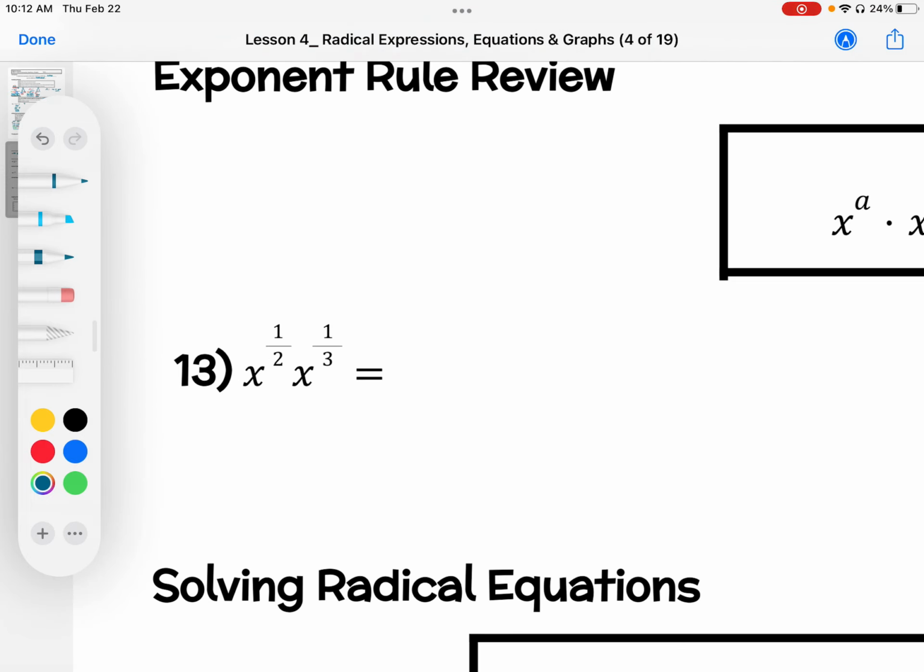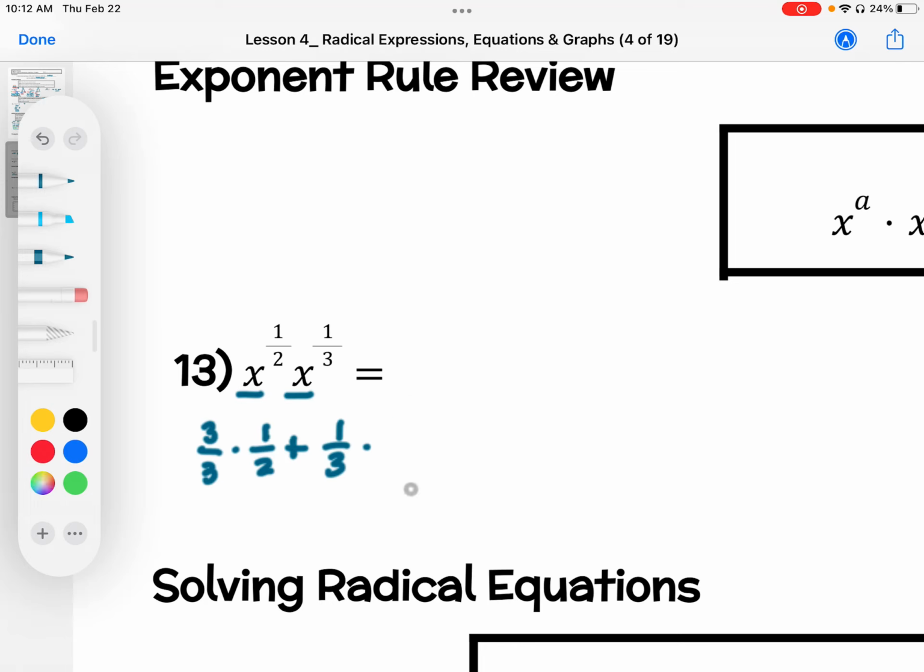So if we're multiplying two common bases to each other, all we do is take the exponents and we're going to add those together. So don't forget, when you add fractions, you have to get a common denominator. So we're going to make our common denominator 6, because that's the smallest number that we can make 3 and 2 fit into.